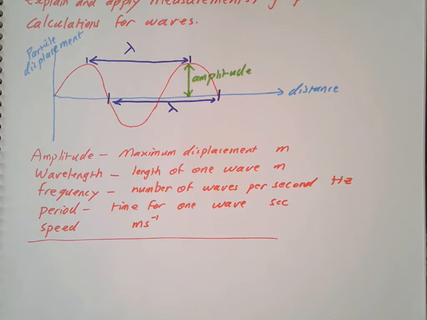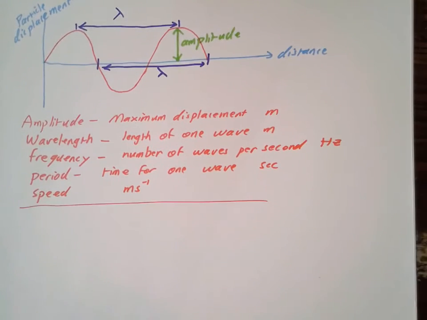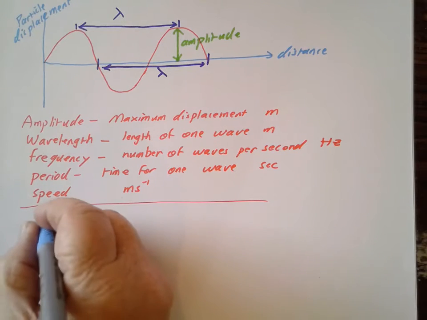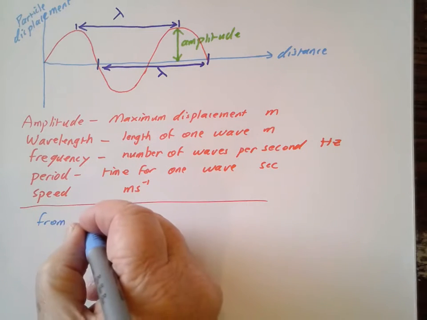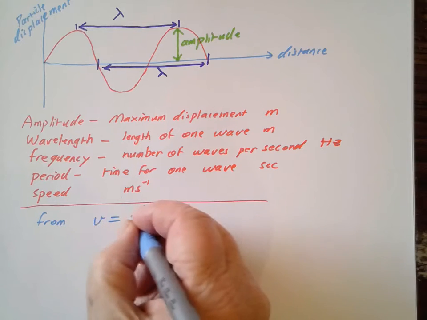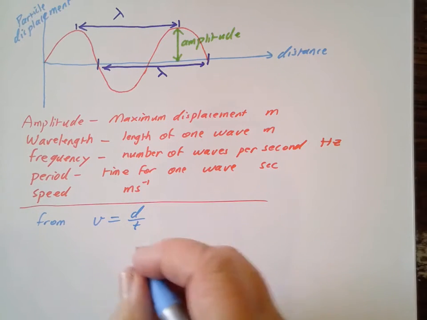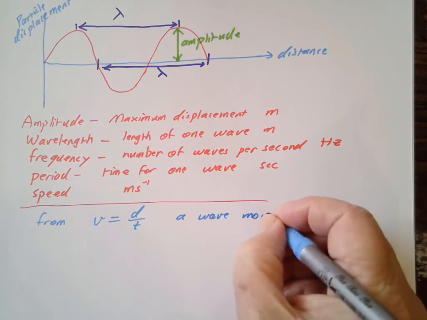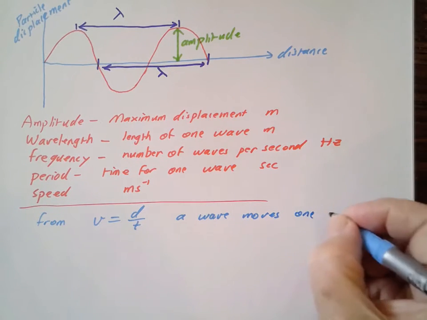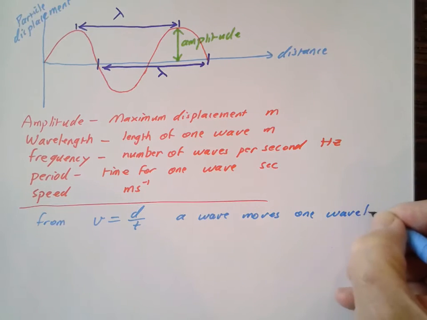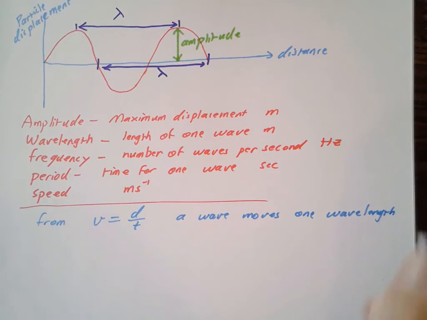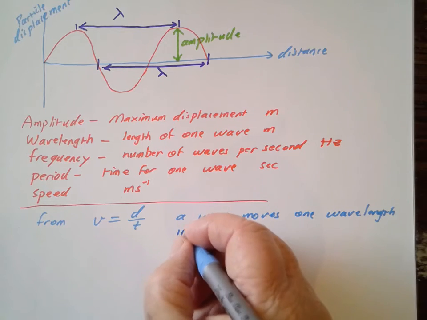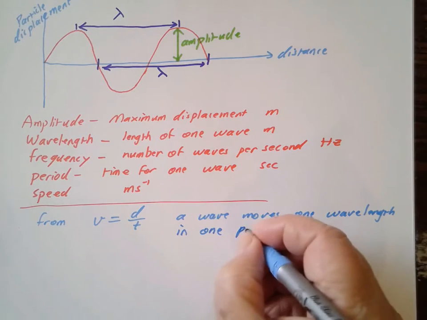Now, let's just talk about things that we know from the past and things that you have done in the past. So, from velocity equals distance on time, a wave moves one wavelength in one period.